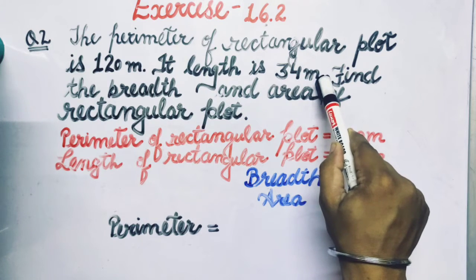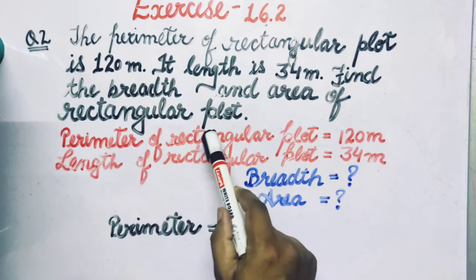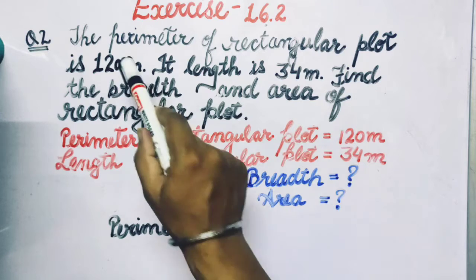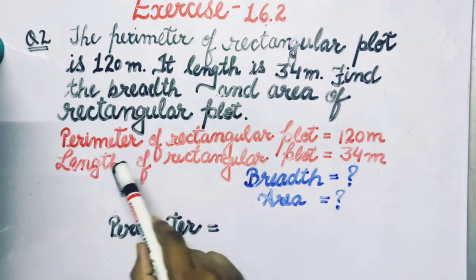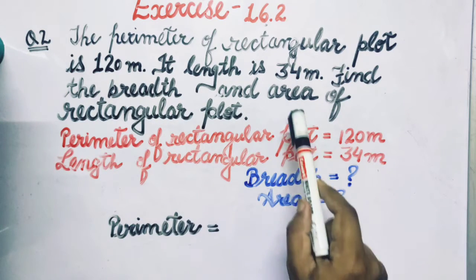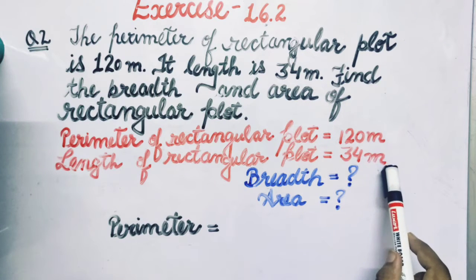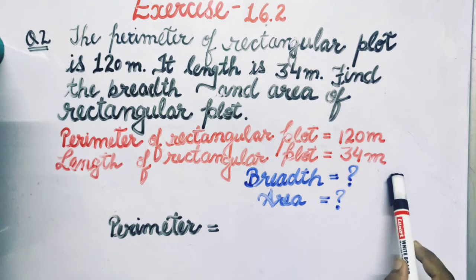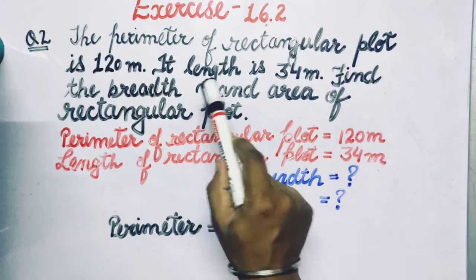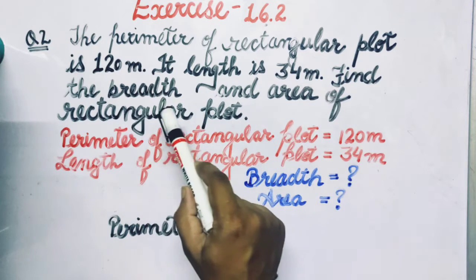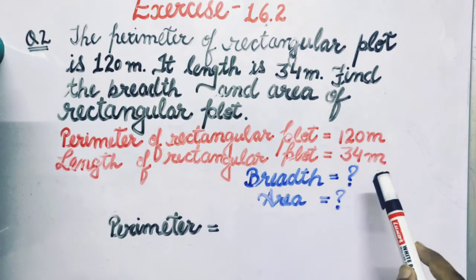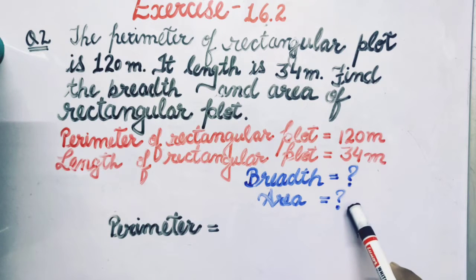So I have written the statement: perimeter of rectangular plot is equal to 120 meter. Length of rectangular plot is equal to 34 meter. The question is asking us to find the breadth and area of the rectangular plot. So we have to find out breadth and area.